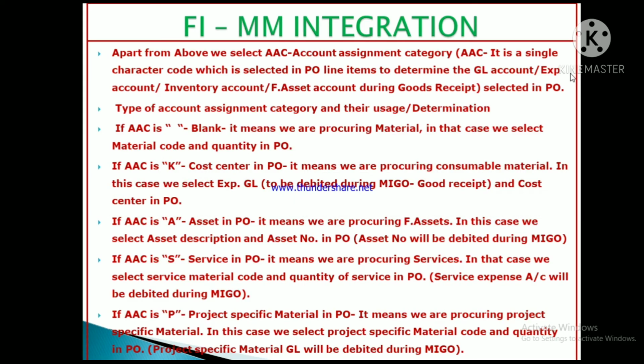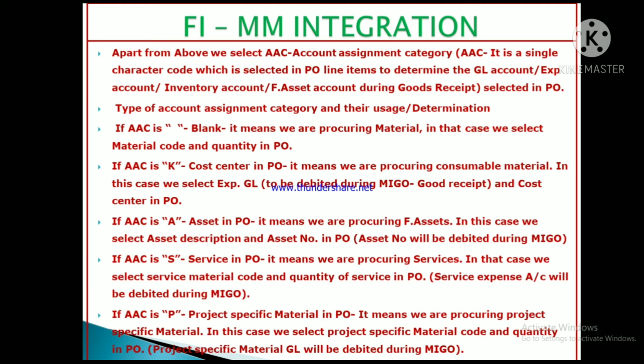What is the AAC? AAC is a single character code which is selected in a PO line item to determine the GL account, either inventory or expense account or fixed asset account, during the goods receipt. We select it in a PO.